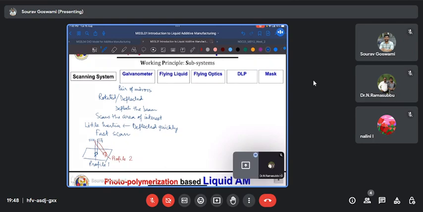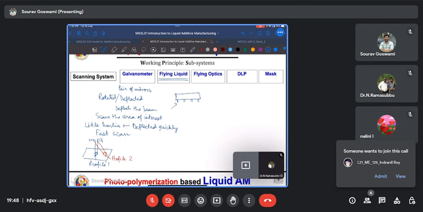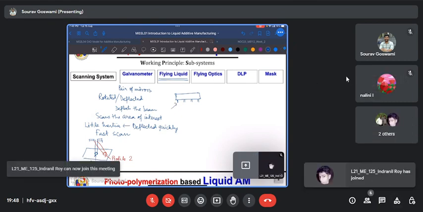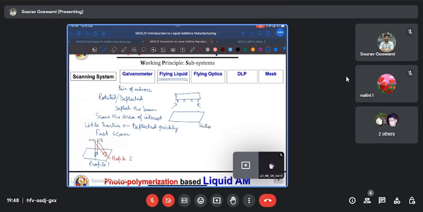Second, the scanning system may utilize a flying liquid. So this is where, say, you have a set of nozzles in material jetting, and these nozzles actually dispense the resin on your build surface, and the build plate is stationary, whereas the deposition head itself moves along the xy direction.